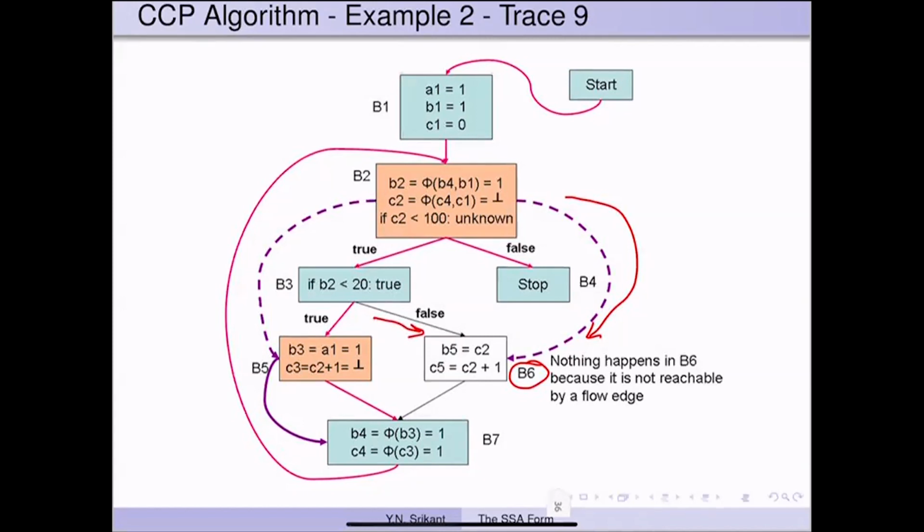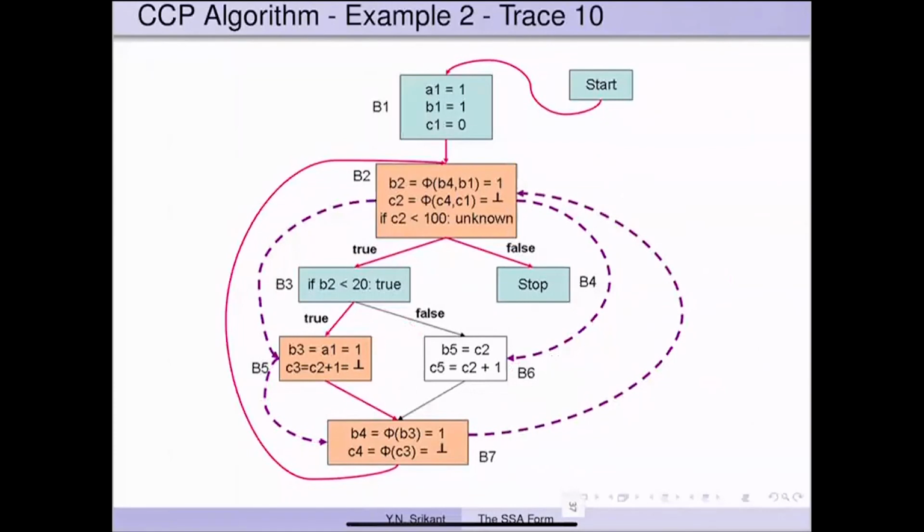We never did that before. Only the red ones are the execution edges. The black ones will not be visited during execution. Therefore, this block B6 now contains code which is useless. It need not be considered at all. And of course, B5 transmits its value to B7, and that will be taken care of here.